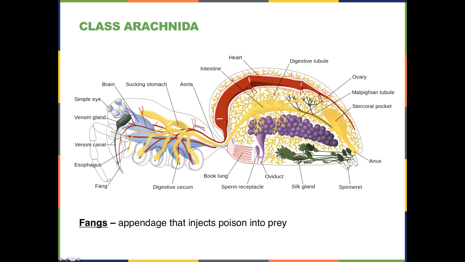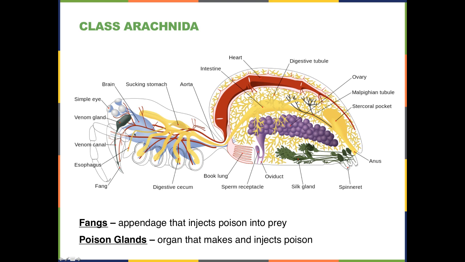The venom passes down through this and is injected into whatever it bites. And these poison glands make the poison, and they also inject it when the spider bites a prey. Now you'll notice that this is in the front part of the spider, and it's close to where he eats.